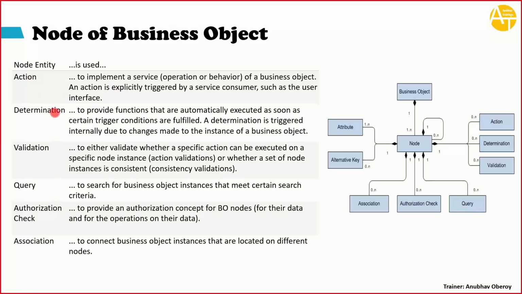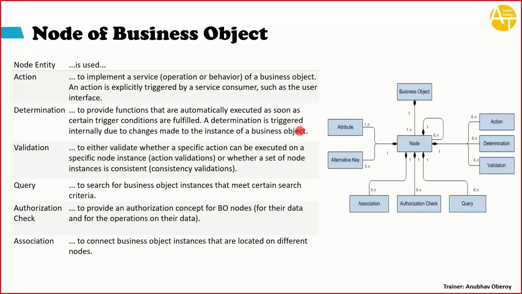Then comes determination. Determination is to provide functions that are automatically executed as soon as certain conditions are fulfilled. Determination means automatically determine. The determination is triggered internally due to a change made to an instance of a business object. For example, whenever I save a sales order, please calculate the total volume of that sales order based on line items. So that is a determination. You want to auto calculate something.